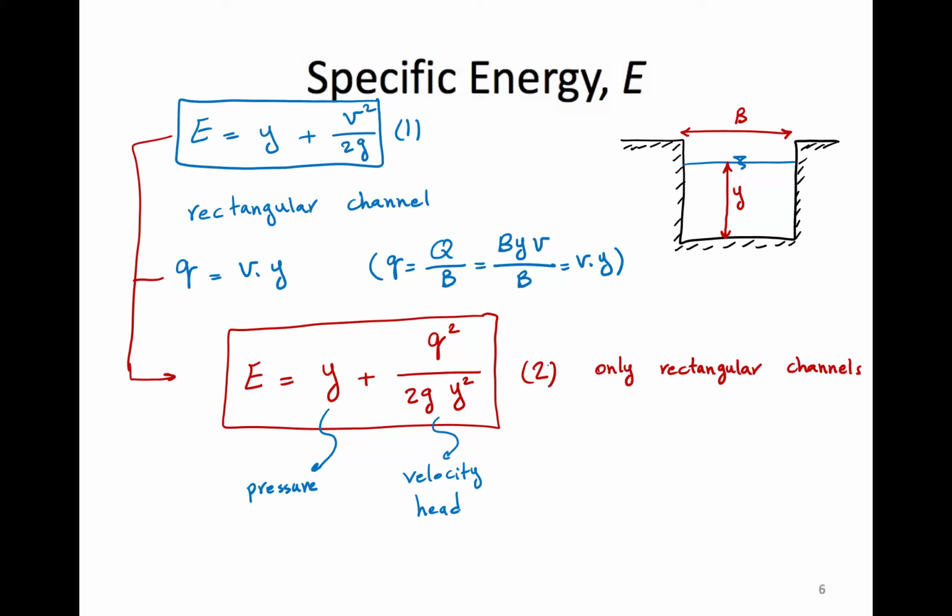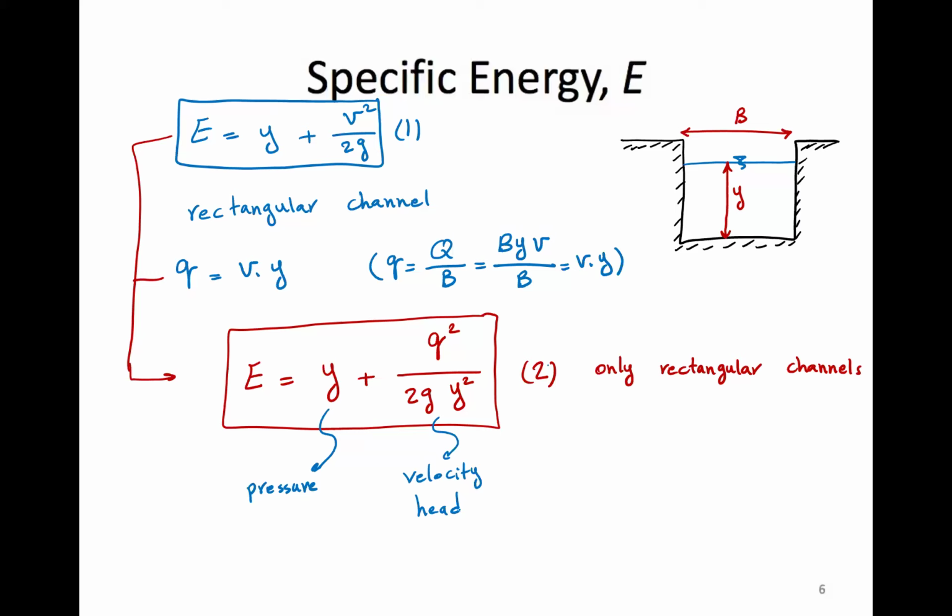So we have two forms for this new form of the energy equation, which we call the specific energy. One is using velocity. The second one is the same equation, but using discharge. Now, you might ask, why do we prefer the one with the discharge? It will become very obvious in our next class, but it's because discharge, remember in conservation of mass, is constant in steady flow.